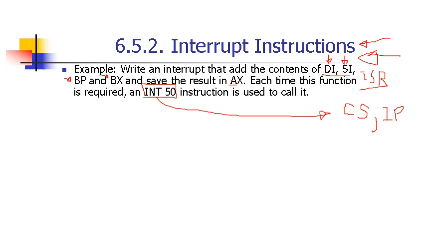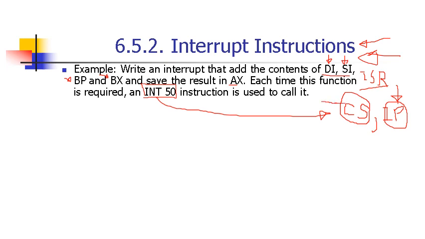This is why 50 times 4 gives you 200. So in memory locations addressed by 200 and 201, you place your IP. 202 and 203, you place your CS.